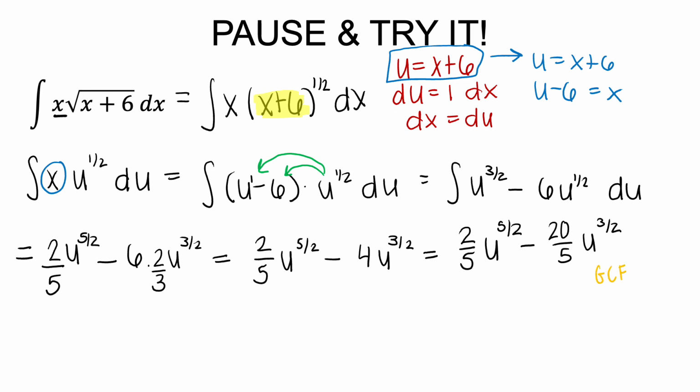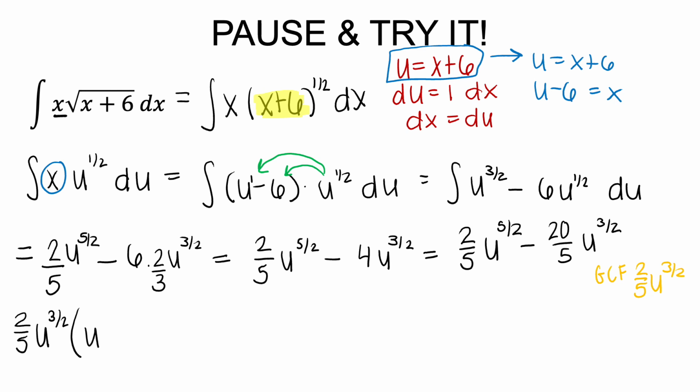And looking at these two pieces, my greatest common factor is actually going to be 2/5 u to the 3/2. So if we factor that out, in our first term, we're really just dividing by u to the 3/2, so we're just left with u.